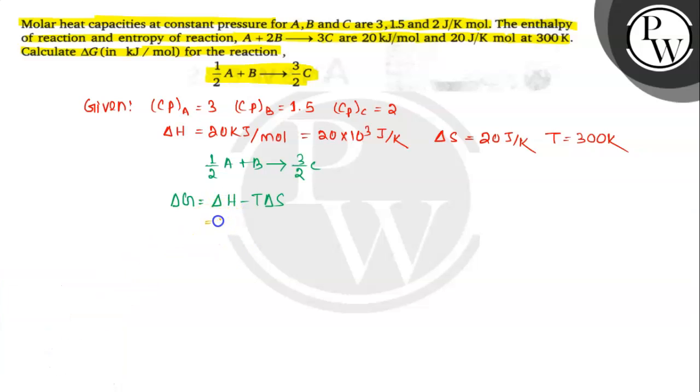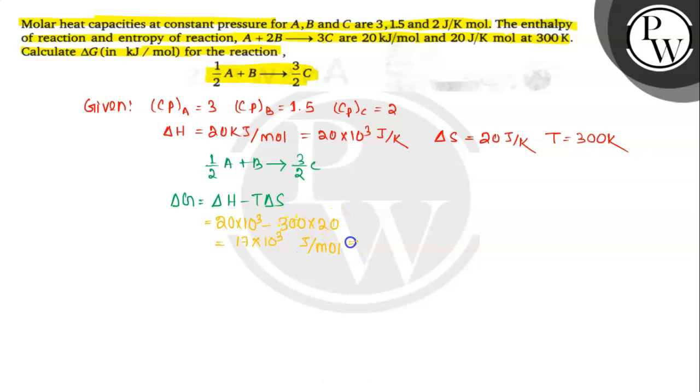So del H is given as 20 into 10 to the power 3 minus temperature, which is 300, into del S, which is 20. That means it will be equal to 17 into 10 to the power 3 joule per mole.